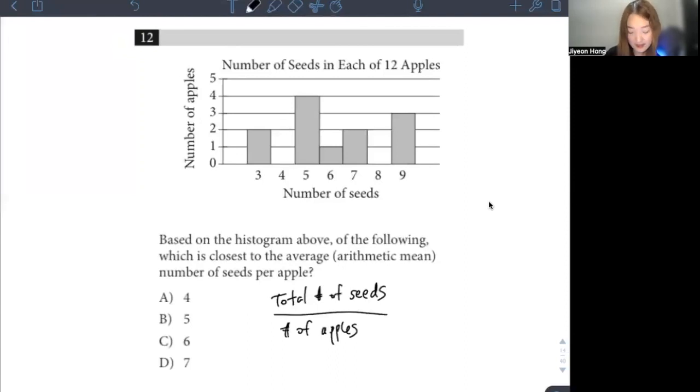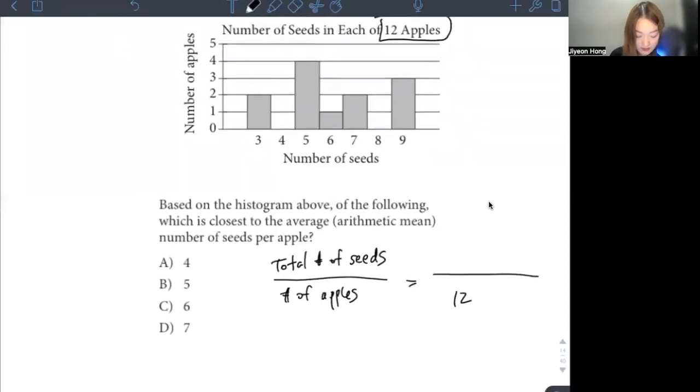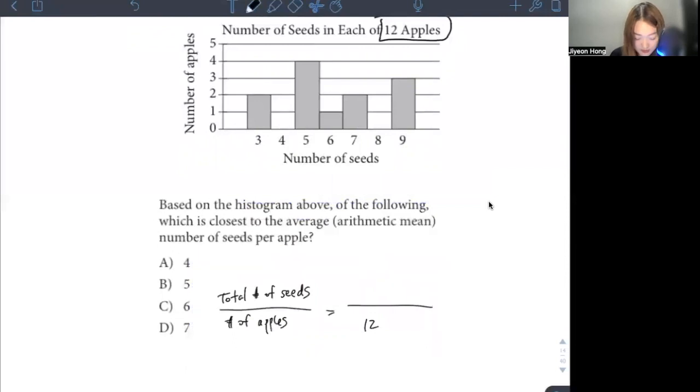They already tell you here there are 12 apples, so that's the denominator, and we just need to solve for the numerator. Once you interpret this graph, it's the number of apples times the number of seeds, added to the number of apples times the number of seeds, and so forth. In the first bar, we have 2 apples that have 3 seeds.